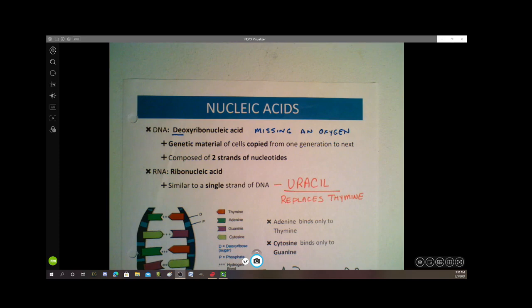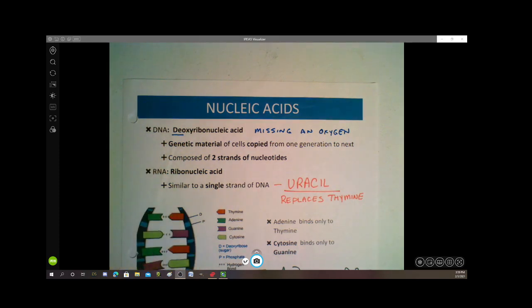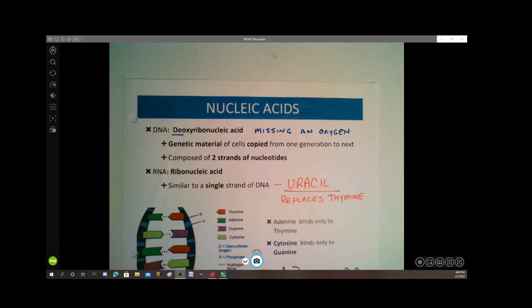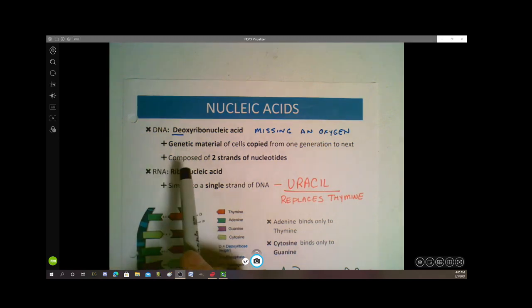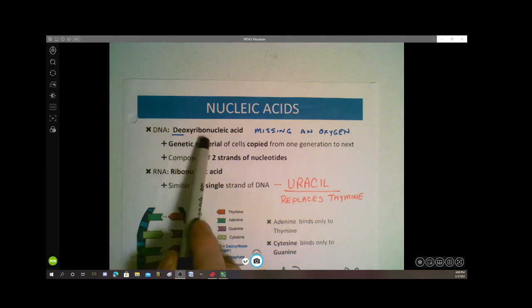But just to give you an overview, up here on the top it says DNA is deoxyribonucleic acid, and RNA is ribonucleic acid. The difference between the two is the sugar. If you notice, there is a sugar in the name. Ribose is a sugar.